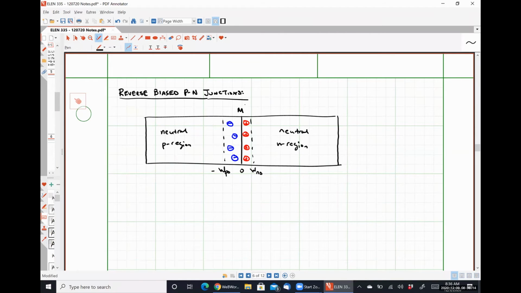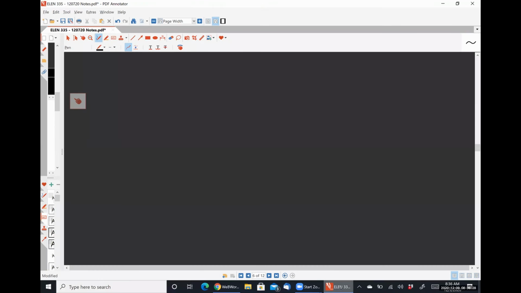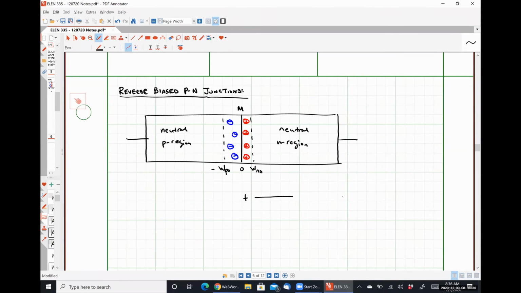All right, so if we apply a voltage opposite the polarity that we did for our forward bias junction, such that the positive polarity is attached to the N region.